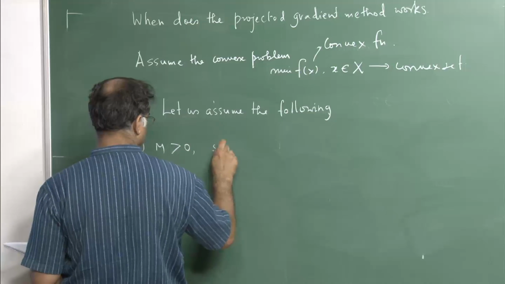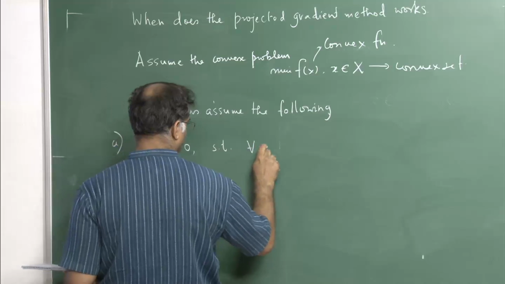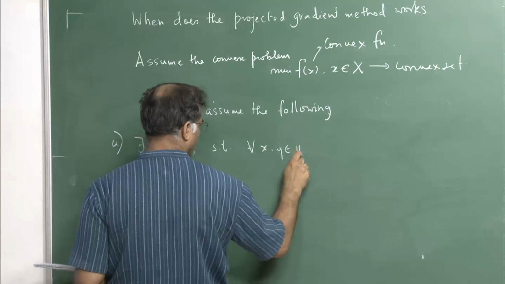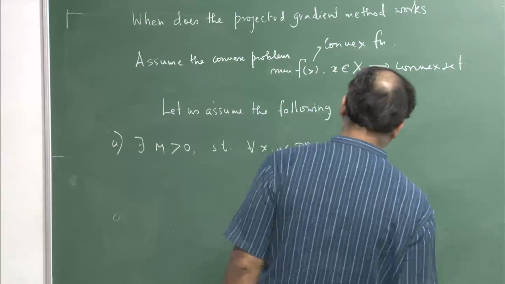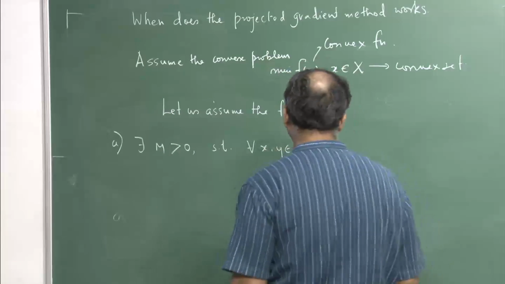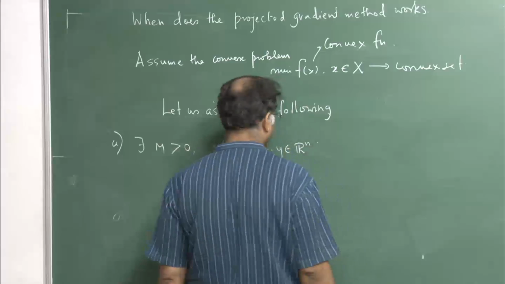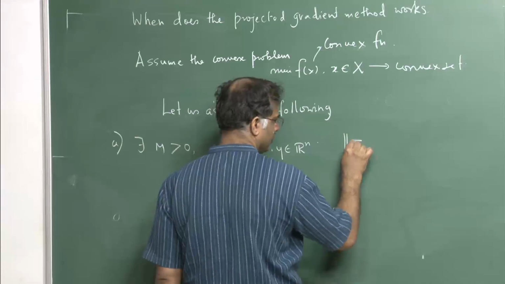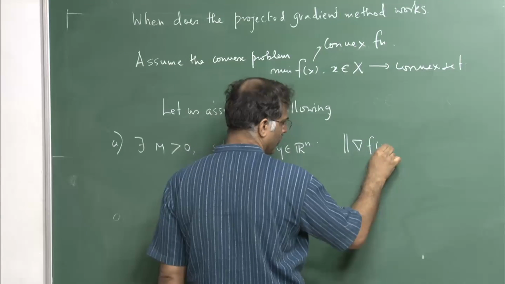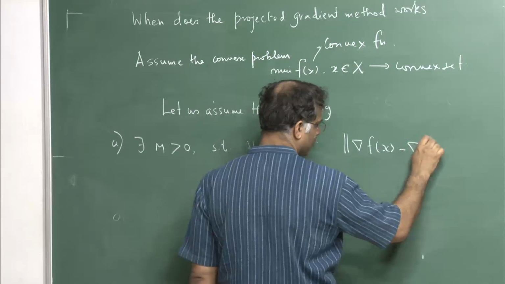There exists m greater than 0 such that for all x, y in R^n. So, this is a nice behavior. I can give an example. Take a convex quadratic function, half x transpose A x, and this is immediately satisfied. And I urge you to find others.